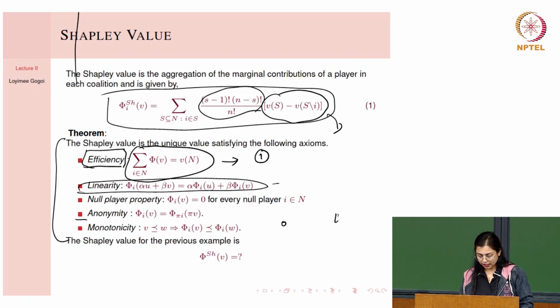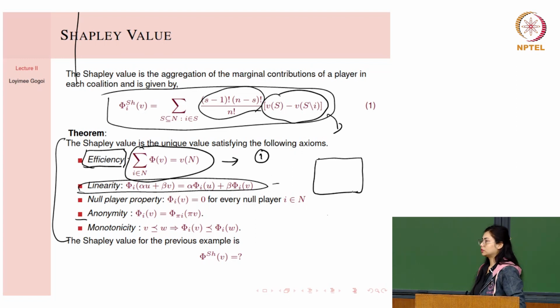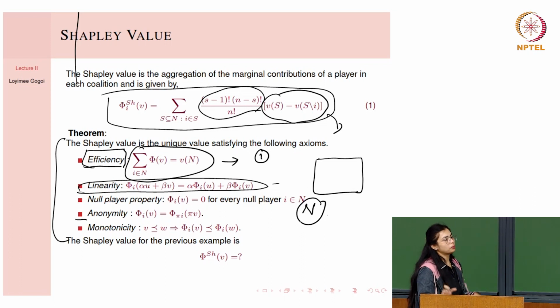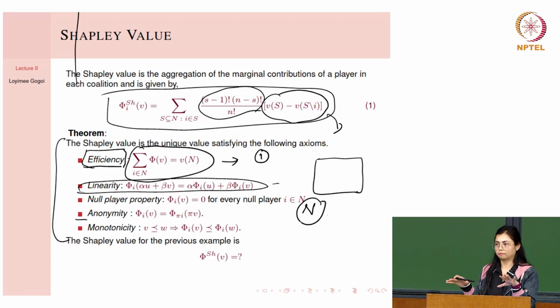Here |S| is the cardinality of S and n is the cardinality of N, the simple cardinality. So this is one expression, but earlier we had a different expression, so I am going to explain it. Suppose this is a room, we can take this classroom, and this is the player set N. Let's consider for the time being the people who are in this room.